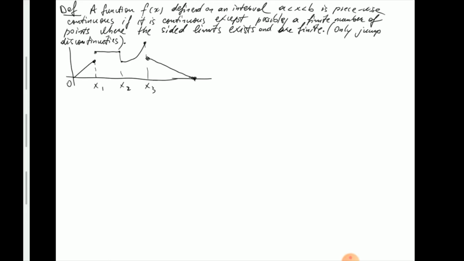Suppose the interval is from 0 to L, just to look at a generic function like this. So f of x on the interval 0 L is an example of a piecewise continuous function.